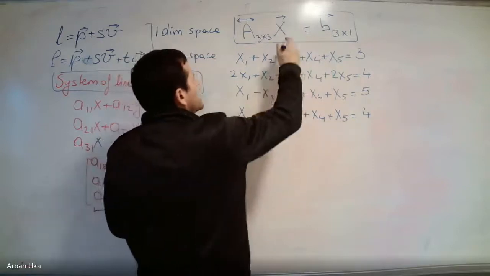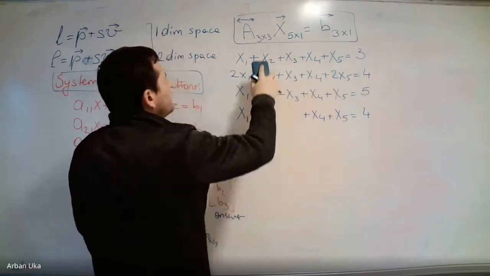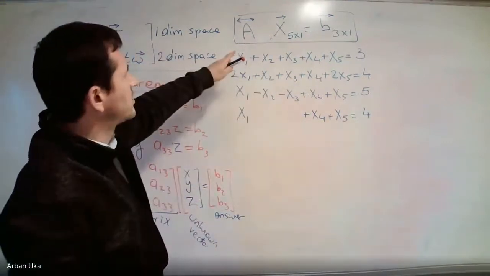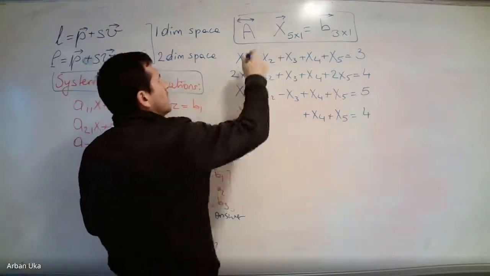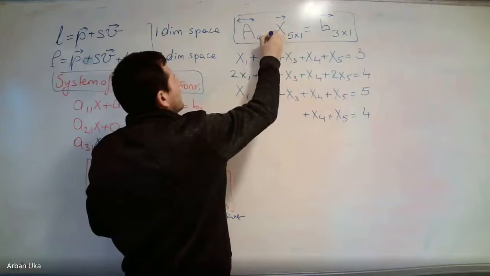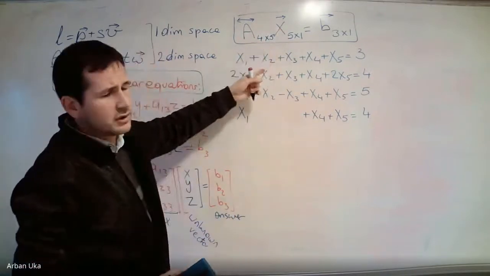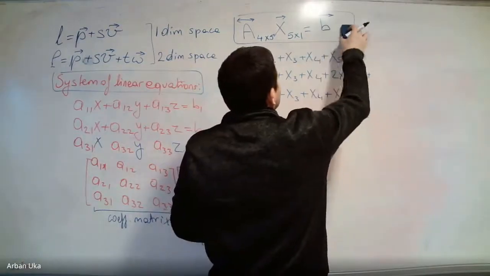So this x is 5 by 1. And what could be this coefficient matrix A? This is 4 by 5, okay? We have 4 rows and 5 columns in here, and the answer is going to be 4 by 1, okay?